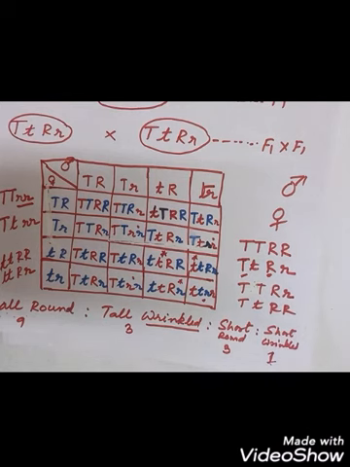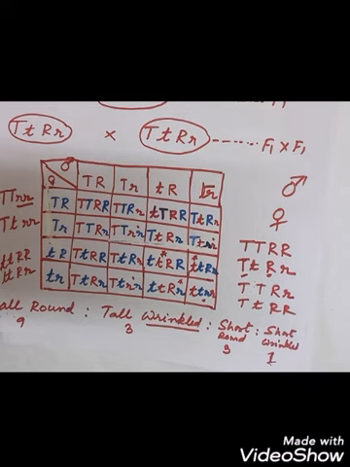The ratio we got is 3:1 for the dominant to the recessive one. Whatever characteristic you take, this is shown by us. For the dominant we will always represent with a capital letter. For the recessive we will represent with the small letter.